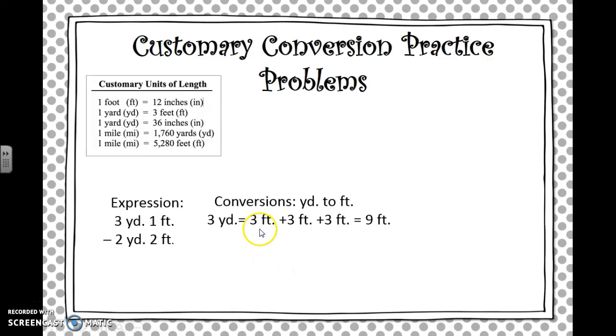So when I do 3 feet plus 3 feet plus 3 feet, that's equal to 9 feet. Now I need to get my 2 yards into feet. When I'm looking at my second row and I have my 2 yards, I know that if 1 yard is equal to 3 feet, then 2 yards, I have to do 3 feet 2 times. So if I have 3 feet plus 3 feet, that equals 6 feet.